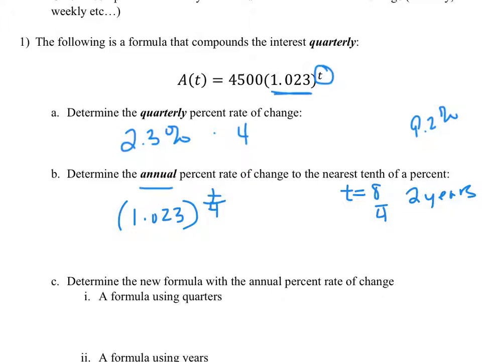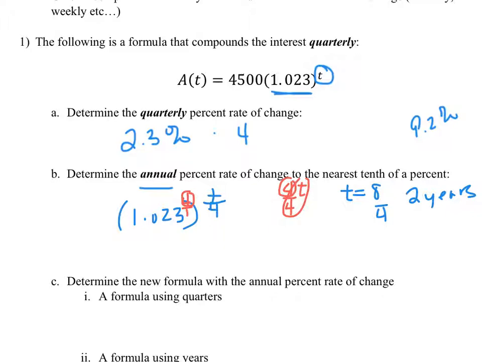However, I just can't take a formula and say, okay, I'm just going to divide that by 4 now. That's not allowed. So what we have to do is use the fact that 4 over 4 is 1. So basically what's happening is I'm taking this 4 right here and putting it inside, and I'm leaving this 4 outside because that's going to tell me the number of years.